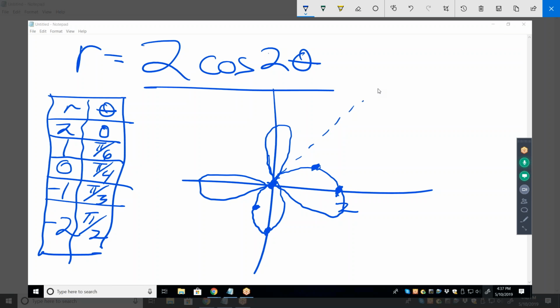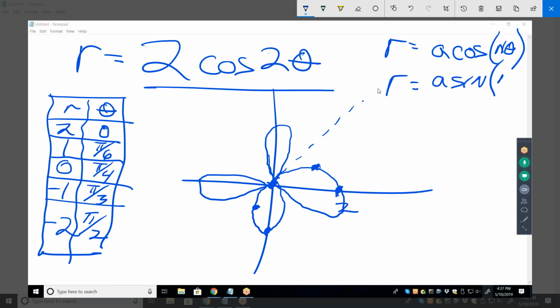And the format for rose curves is r equals a cosine of n theta and r equals a sine of n theta.